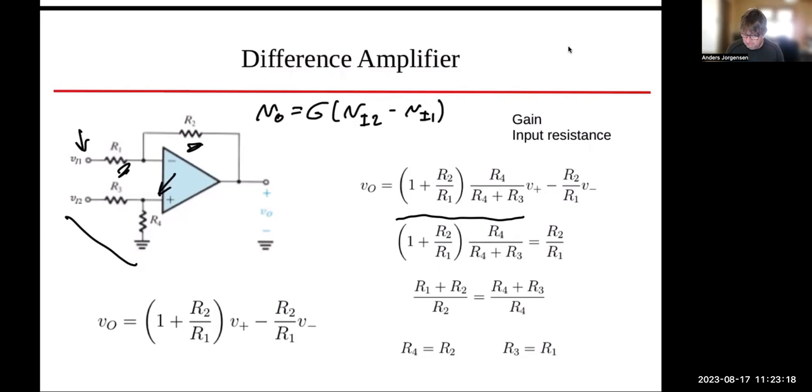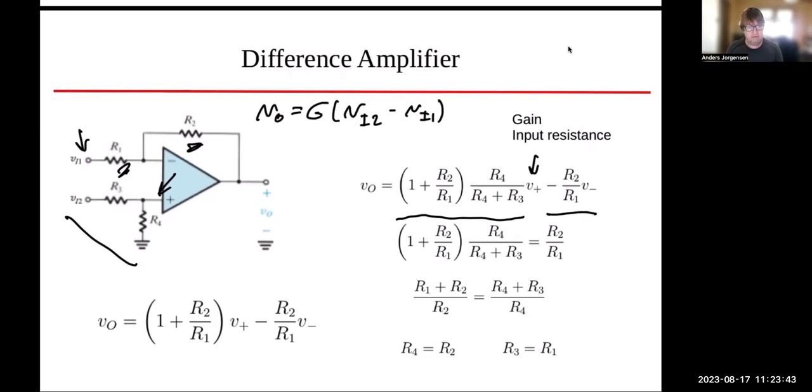We have the voltage V plus, well, actually, that's VI2 now, right? The voltage VI2 divided between R4 and R3, and then multiplied by the gain. So that's that term. Now let's look at the other input, VI1, which in the equations here I call V minus.